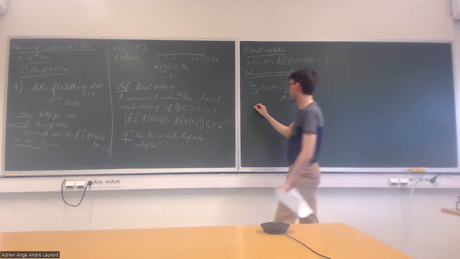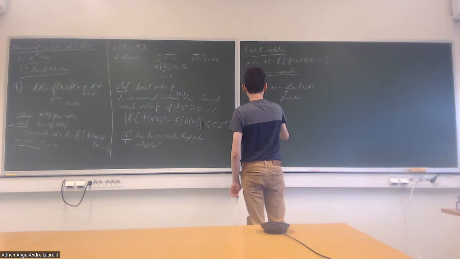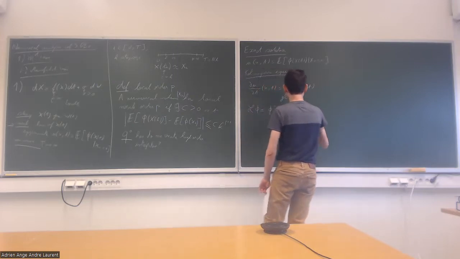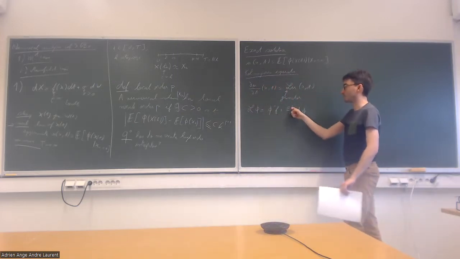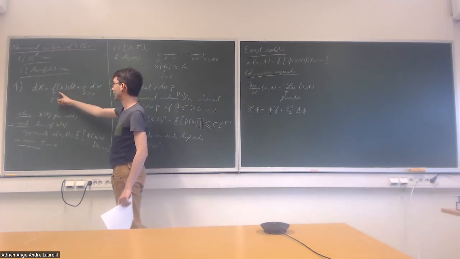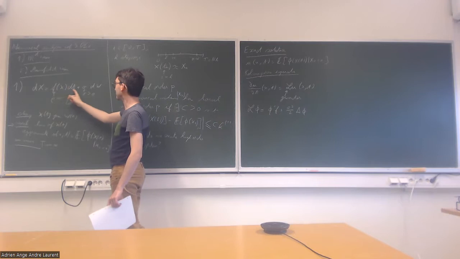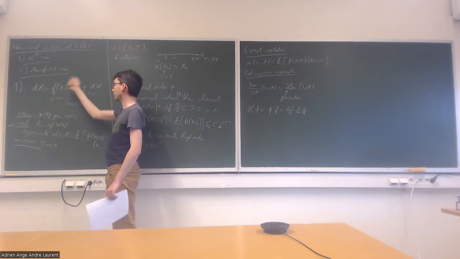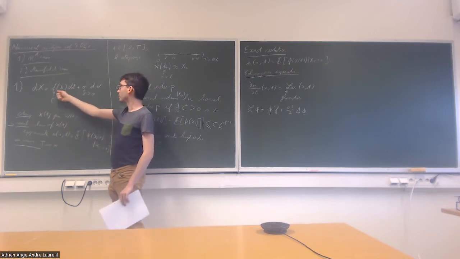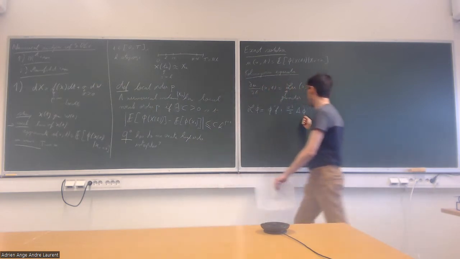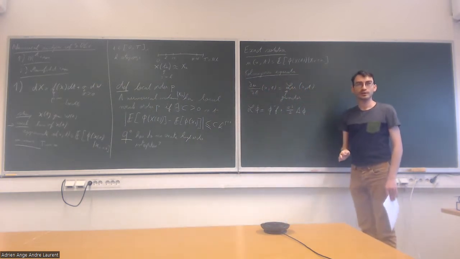And L is given by this. So L phi is equal to phi prime times f plus sigma squared over 2 times the Laplacian of phi. And f and sigma come from the equation. So you see that basically the generator links exactly the quantities that appear here. This part gives the first order term, and this one gives the second order term. All right?